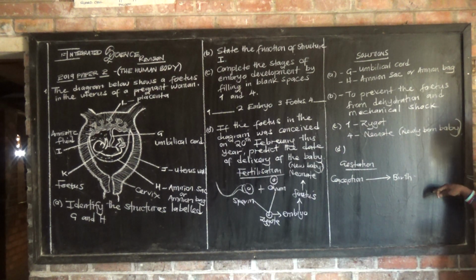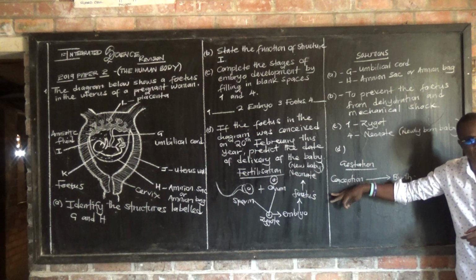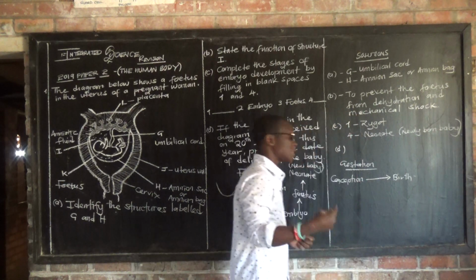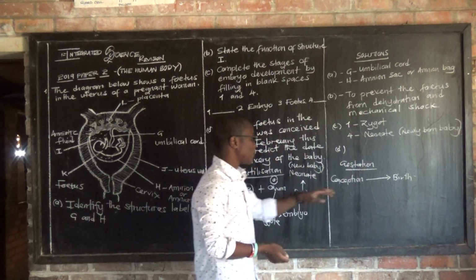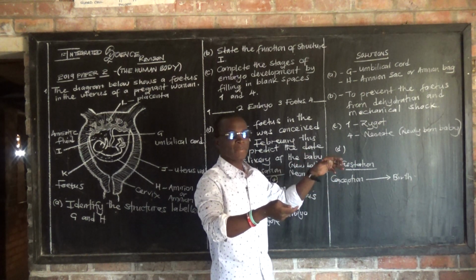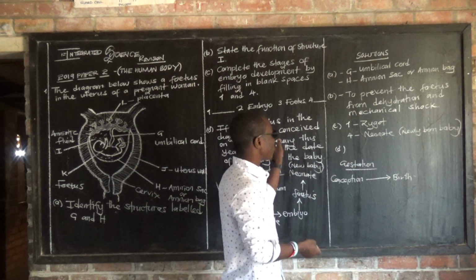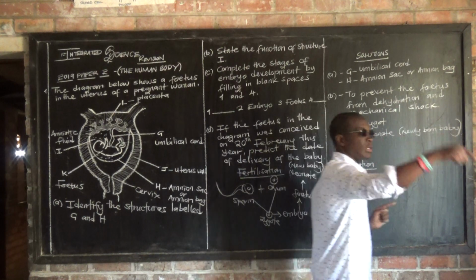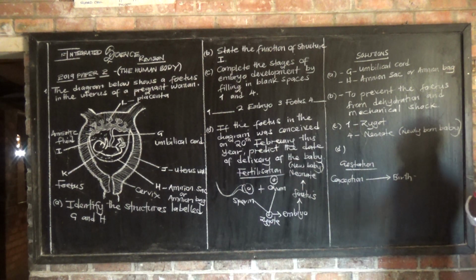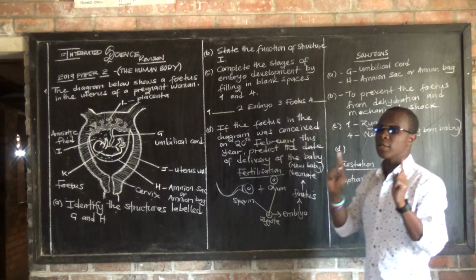You know what conception is? Conception is the act of getting pregnant. So from the time this woman was pregnant to the time she's going to deliver, that's what we call gestation.